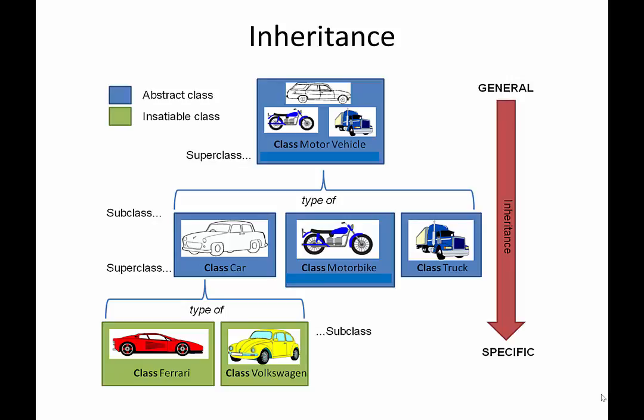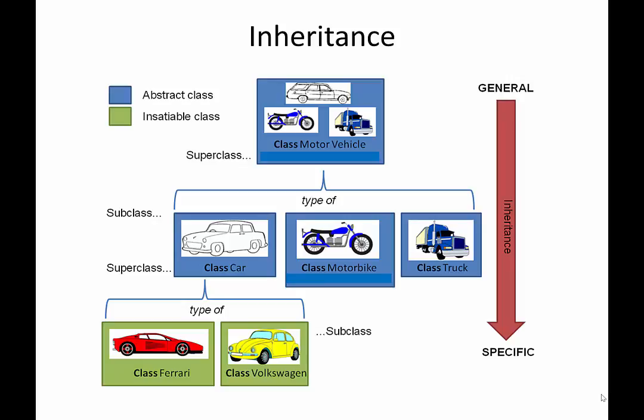The other thing that's being highlighted on this diagram is the idea of abstract and instantiable. I'm sure it should be instantiable, not insatiable. That's terrible. Yeah, as in, you can create instances thereof.